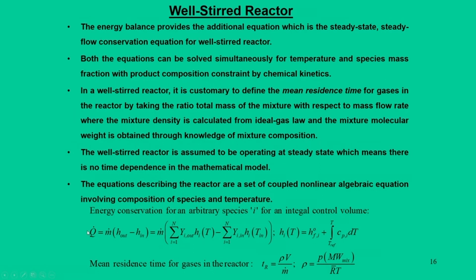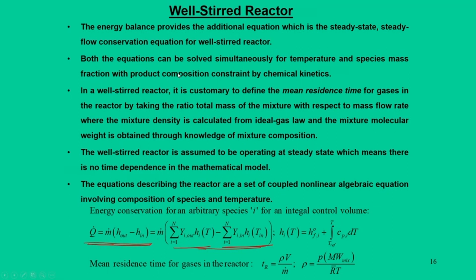Moving further, we can also write another equation, the conservation of energy, involving the enthalpy going out and the enthalpy coming in. The difference of this enthalpy multiplied by mass gives the energy conservation equation. So, we have energy conservation and mass conservation, and both equations can be solved simultaneously for species fractions and product composition, governed by chemical kinetics.